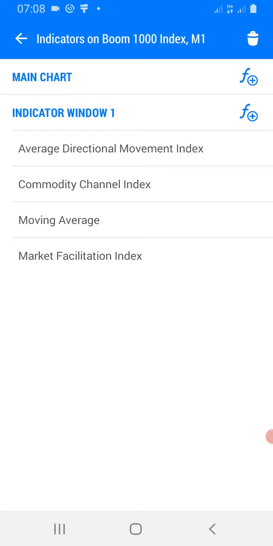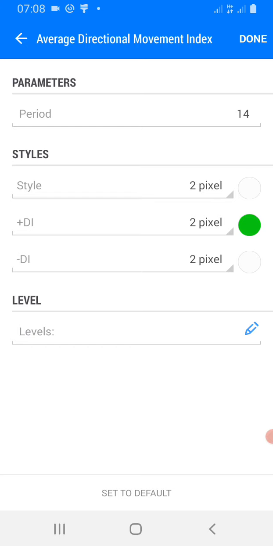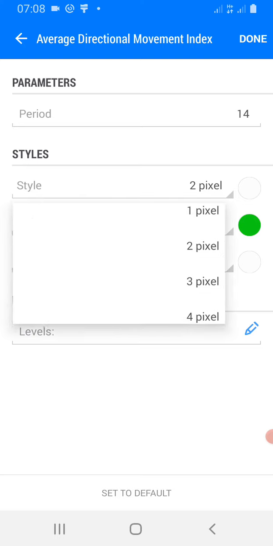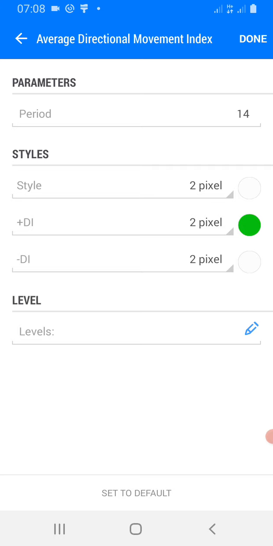Powerful strategy. You click on your indicator tab. The first indicator is the Average Directional Movement, period 14, 2 pixel. Use the color of your screen. The positive DI is 2 pixel, you can use green, then the negative DI 2 pixel, any color.